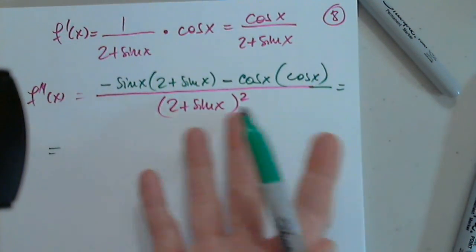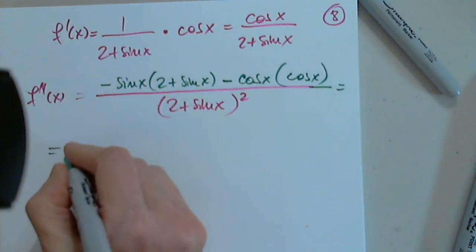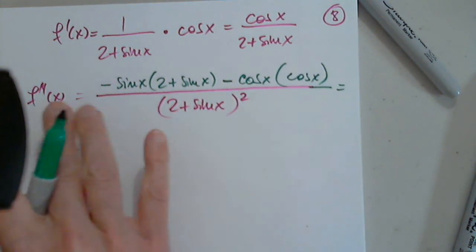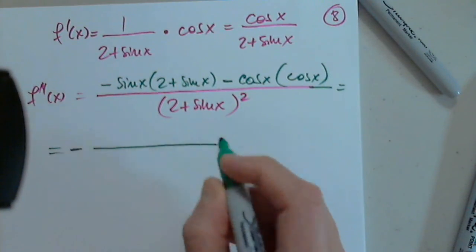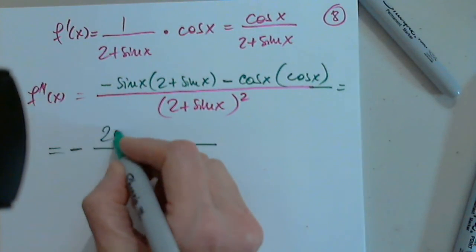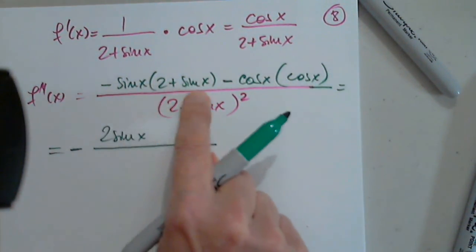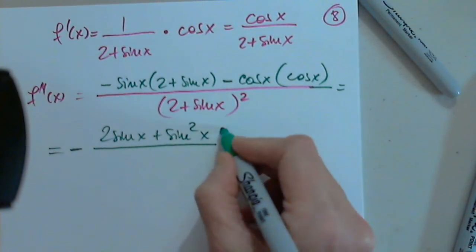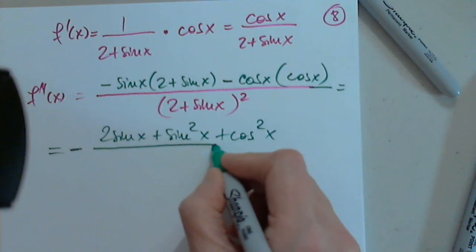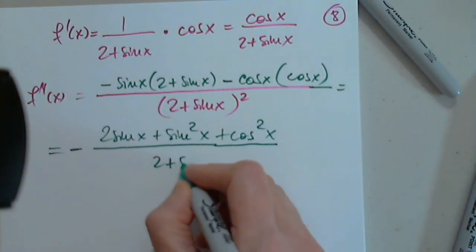Of course, I cannot factor other than negative in front from both, so now everything is positive. Always, always factor, please. So I have 2 sine x, plus sine squared plus cosine squared.